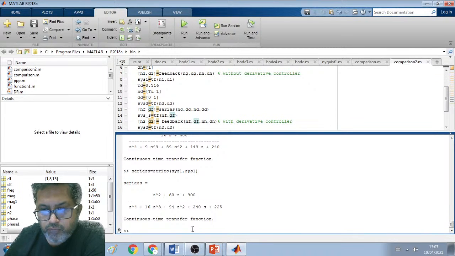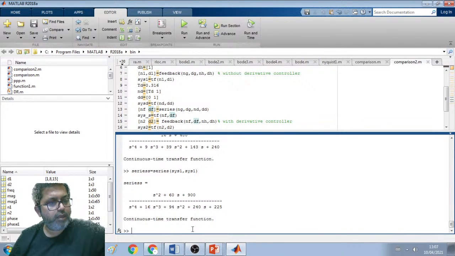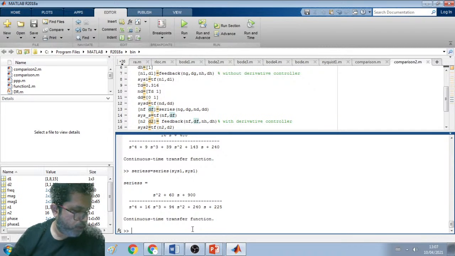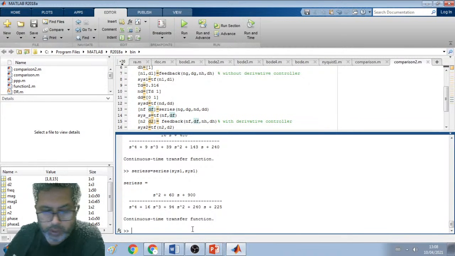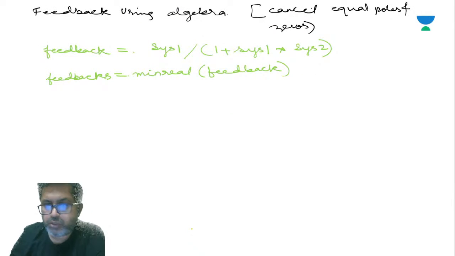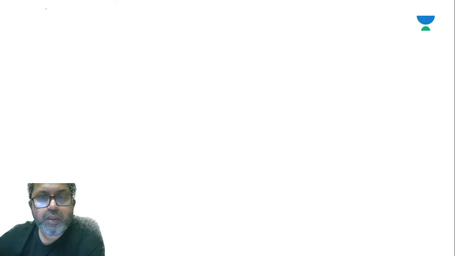You can see there is a difference between the transfer functions. In this way, you can also do parallel and then feedback like this. We will not do that. So let us go to our PPT. We will straight away jump on to our analysis.